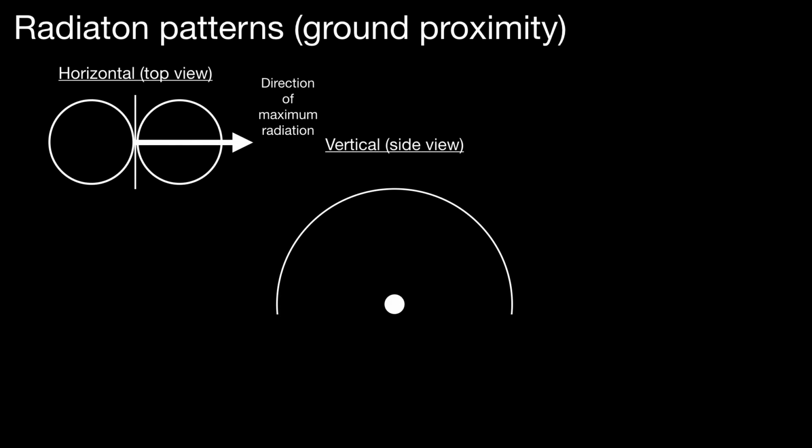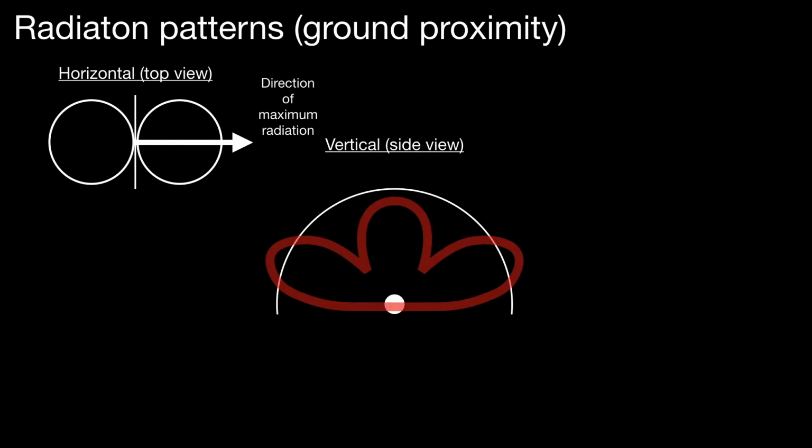So while the horizontal view isn't particularly changed, the side view is changed and looks much more like this. Now, the closer the antenna is to the ground, the more vertical the main lobes are.